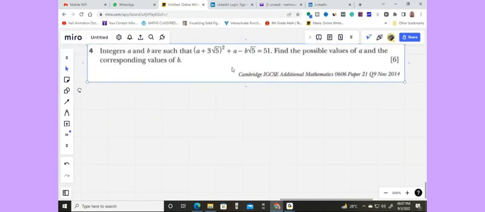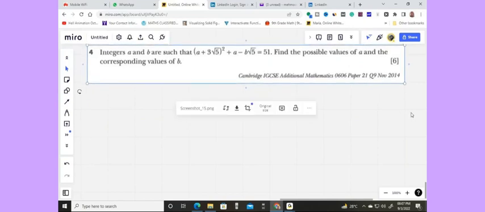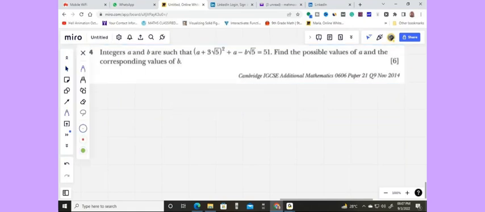This is a nice question we are having, the 6-mark question. So be very generous in your solution work. No need to skip any step here.